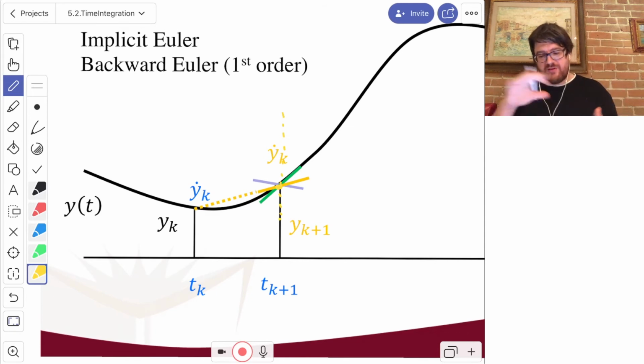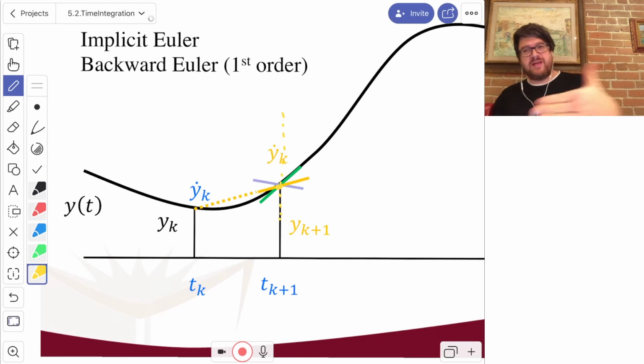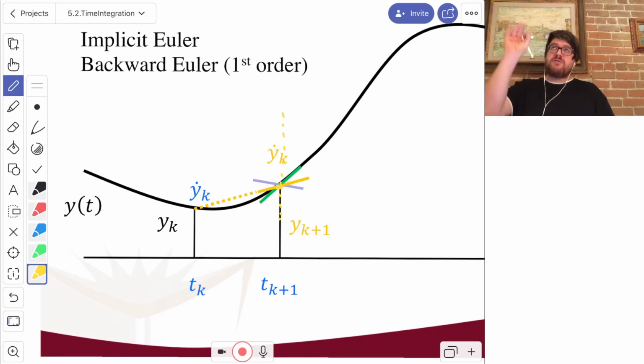So it's a reverse Euler. Instead of taking the derivative from tk and going to tk plus 1, I try to find a yk plus 1 such that if I go backwards, the derivative is going to reach my point yk.